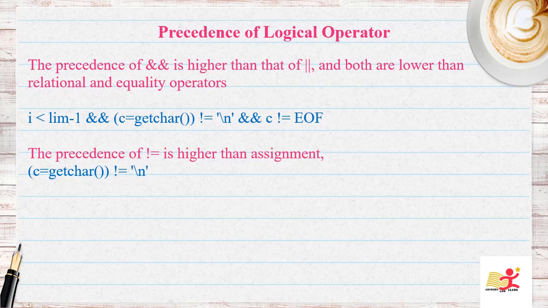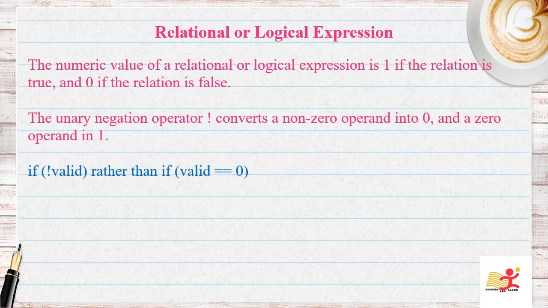Then only that operation will be done first, and then the c value will be checked for whether it is not equal to '\n'. So that parenthesis is necessary to achieve the desired result of assignment to c and then comparison with '\n'.